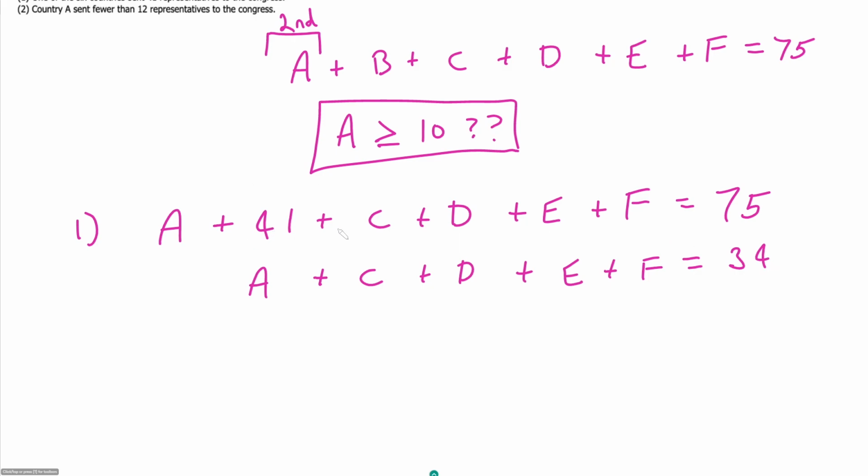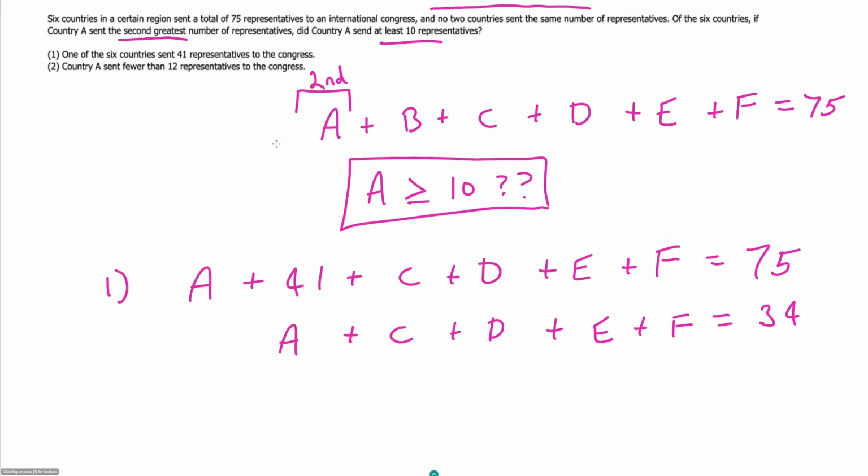So let's think about what we are doing. If we want to test numbers, and our question is asking, is A greater than or equal to 10? It's data sufficiency, so we're trying to prove insufficiency. That means we want an example where A is greater than or equal to 10, and also an example where A is not greater than or equal to 10.